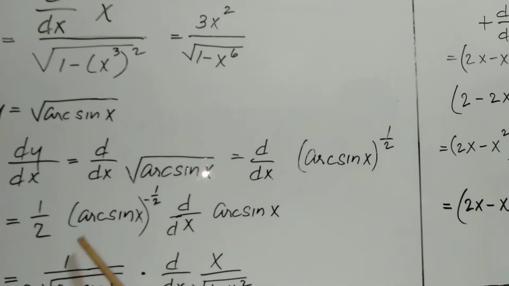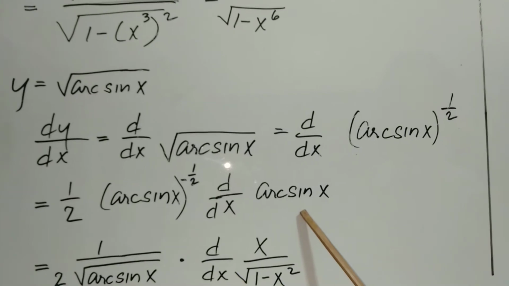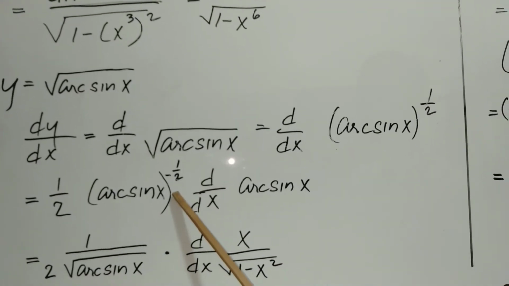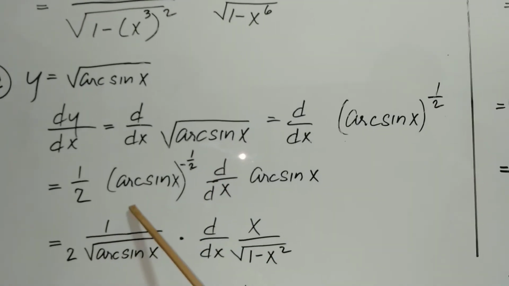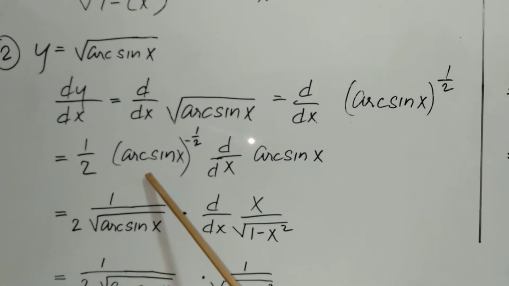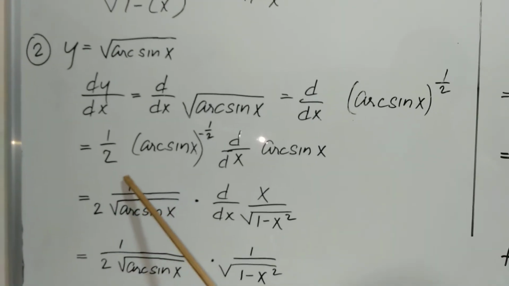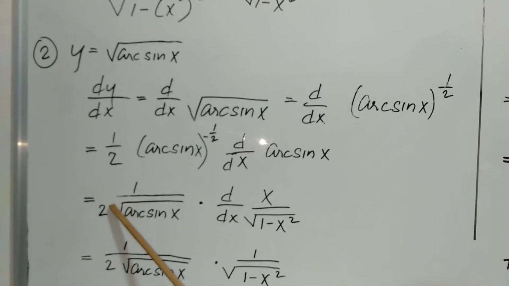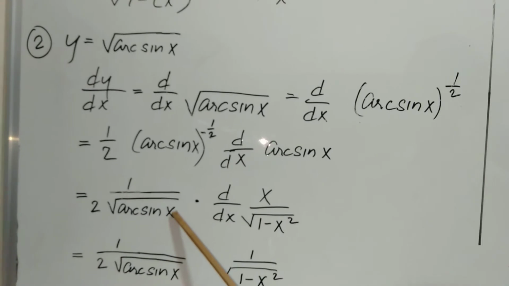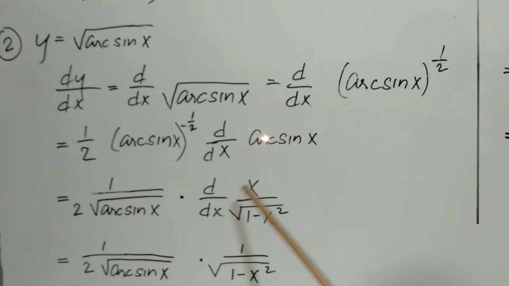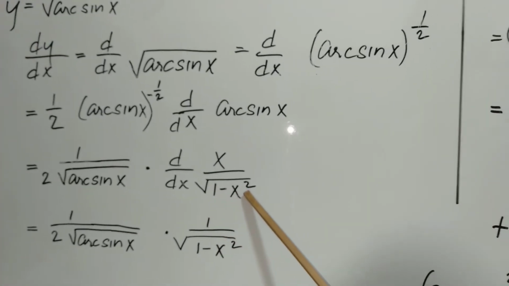After that, we get the derivative of arcsine x. We bring the negative exponent down to the denominator, so this becomes 1 over 2 square root of arcsine x, times the derivative of x over the square root of 1 minus x squared.